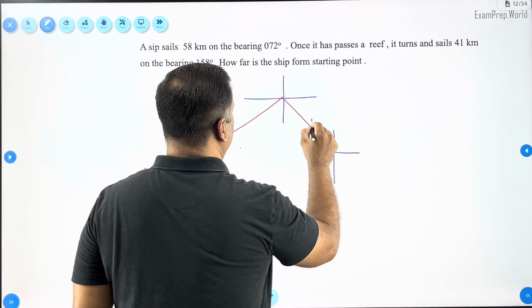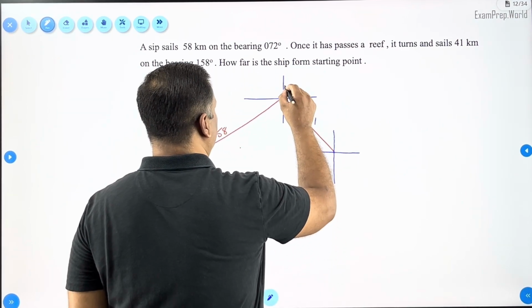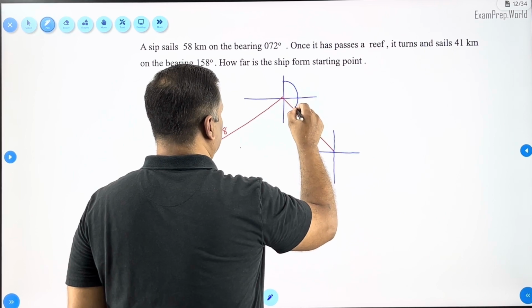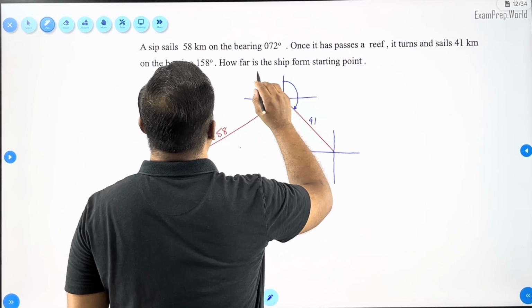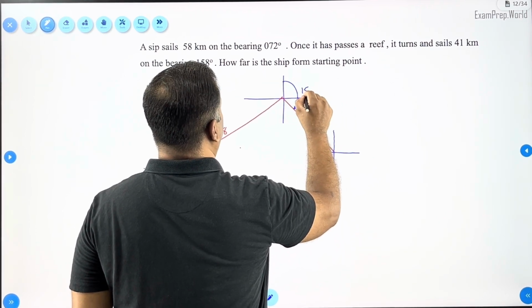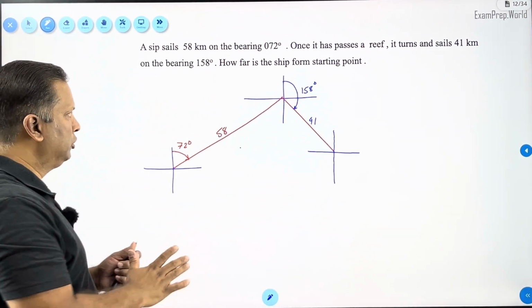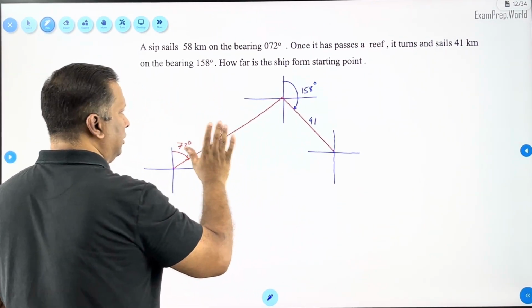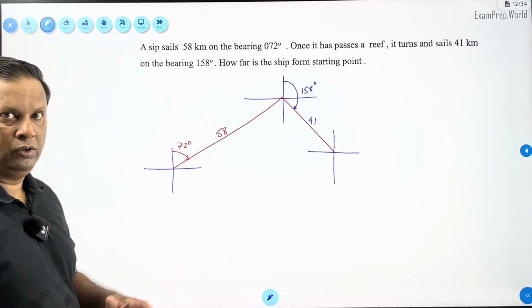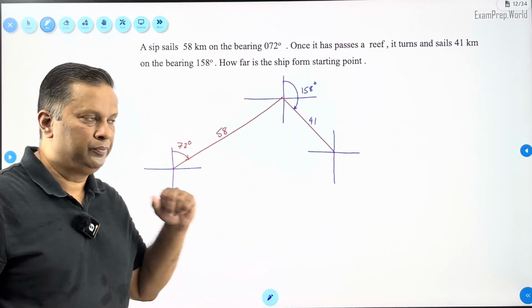This is 58 and this is 41 kilometers. What is the bearing? 158 degrees. The first stage of converting the words into a mathematical drawing is complete.